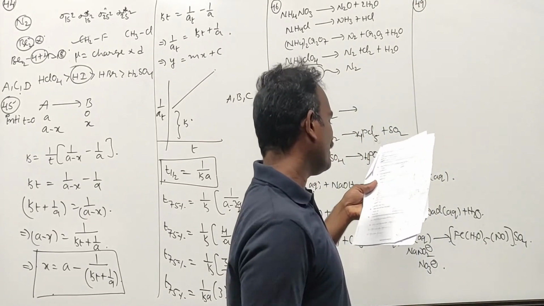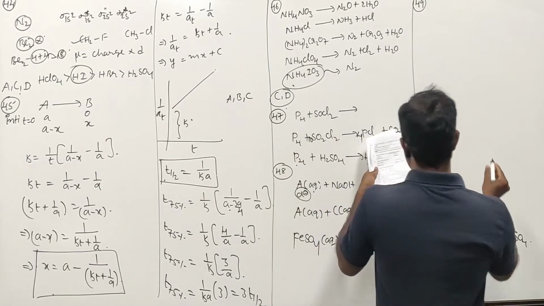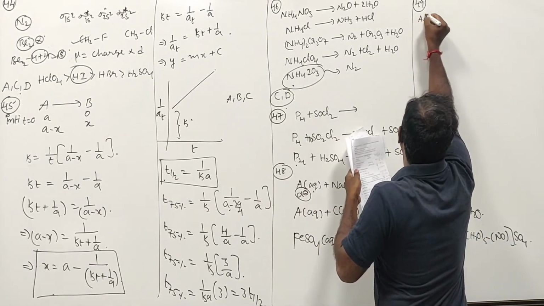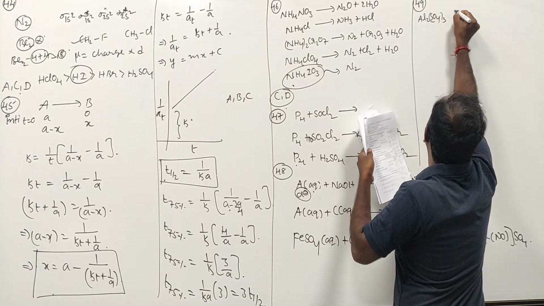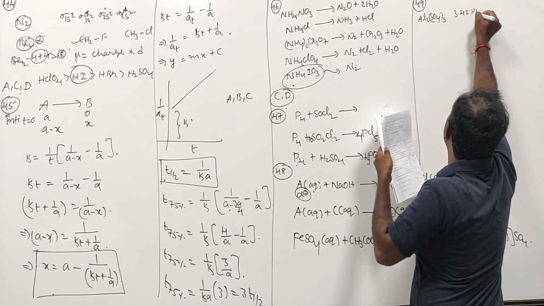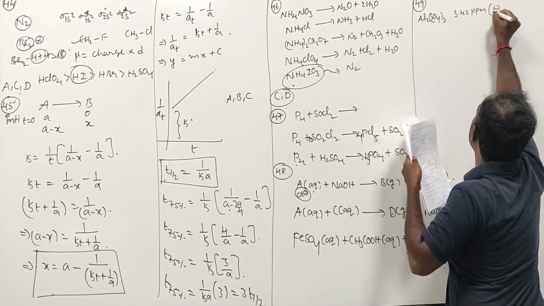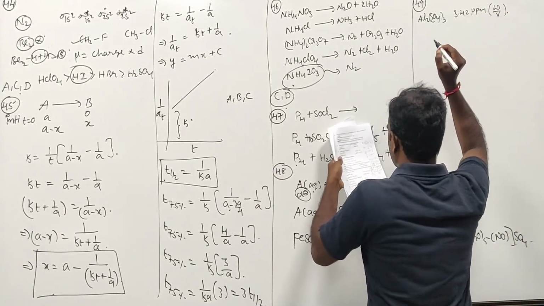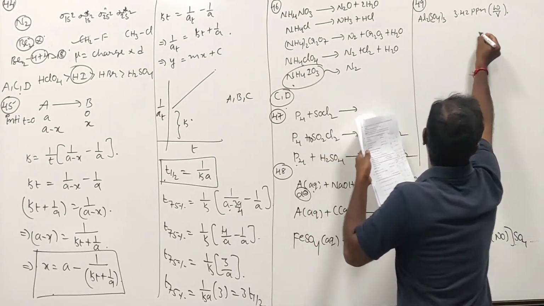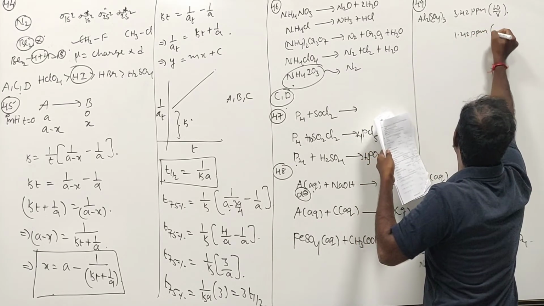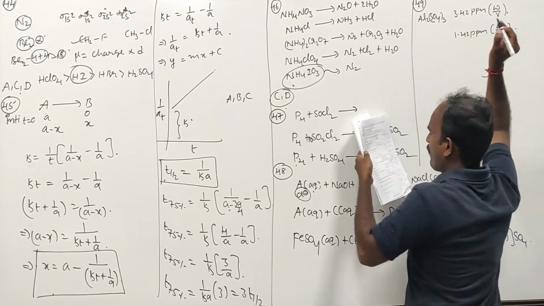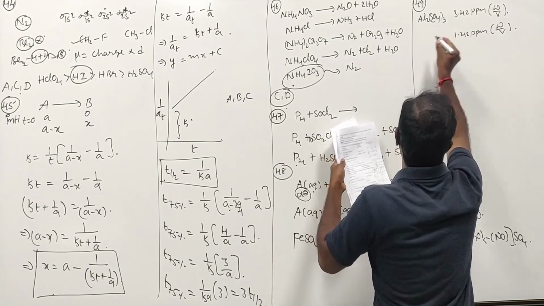Question number 49, given that Al2(SO4)3 is 3.42 ppm weight by volume and Na2SO4 is 1.42 ppm weight by volume.